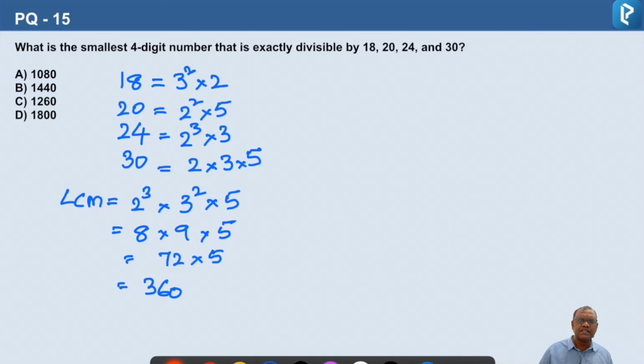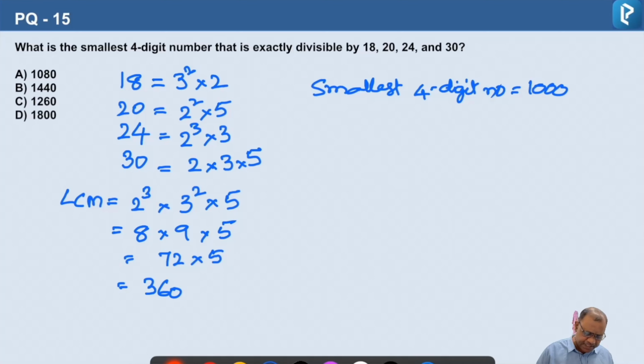Now the smallest 4-digit number. What is the smallest 4-digit number? 1 followed by 3 zeros. That is 1000. So what is the next 4-digit number which is divisible by 360?